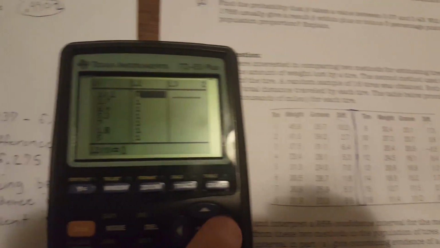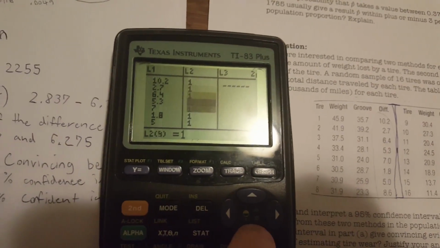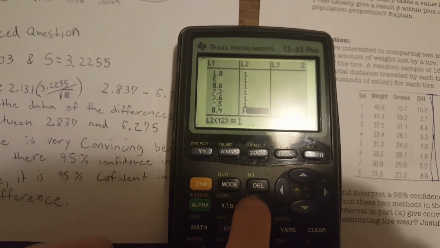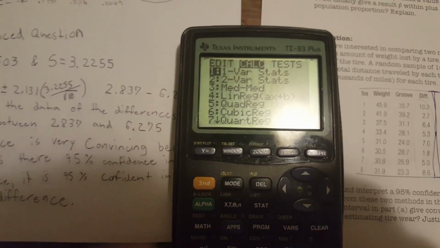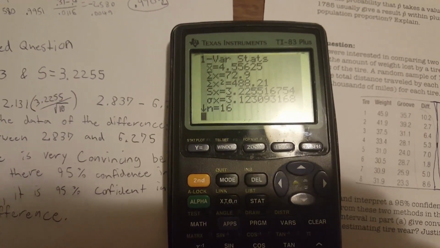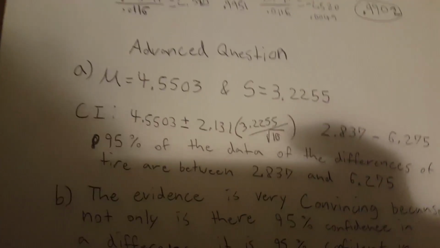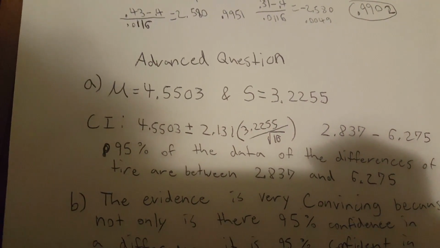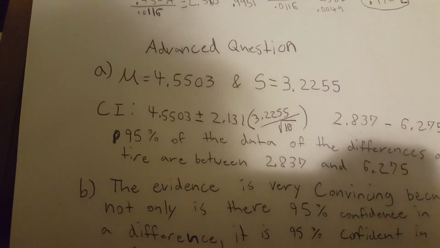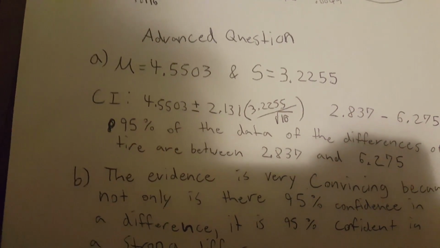So by putting those values in on my calculator, I can type in stat and then go to calc and do my 1-var stats, and that'll give me these values, which show me that my mu is 4.5503 and my standard deviation 3.2255.